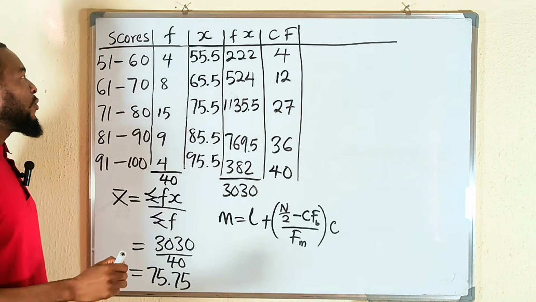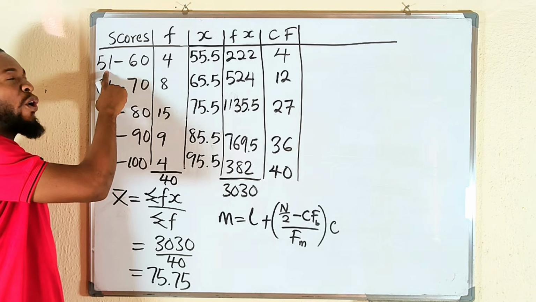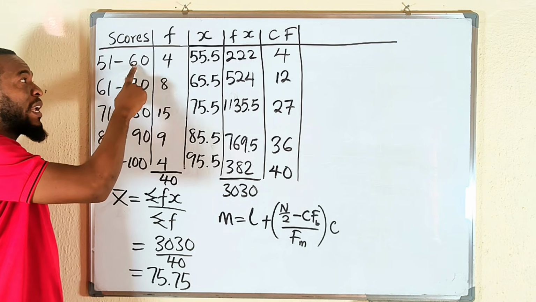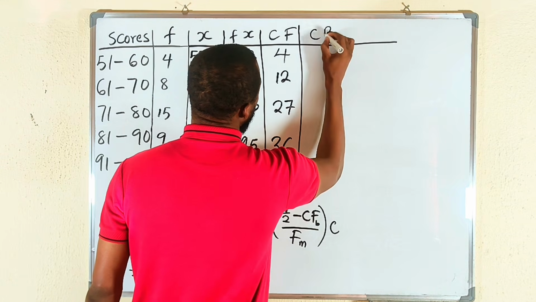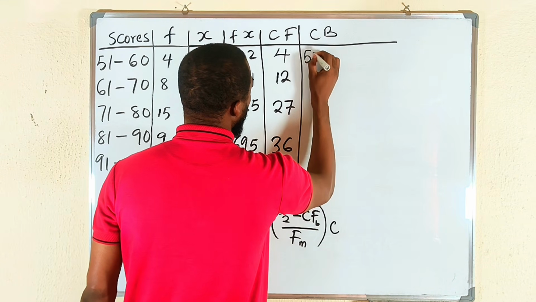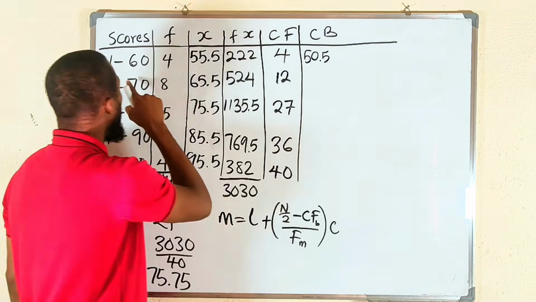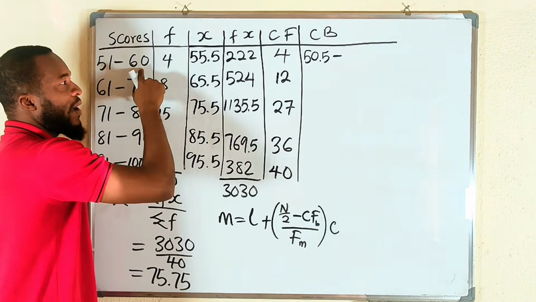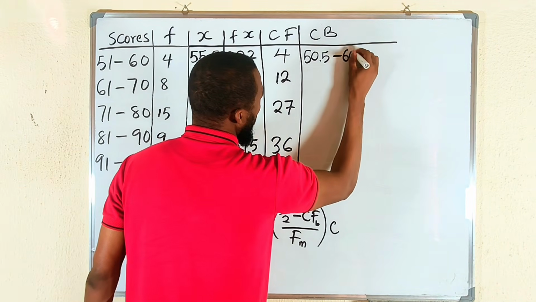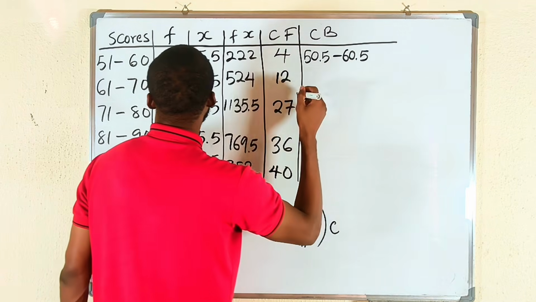To form the class boundaries, all you have to do is to remove 0.5 here and add 0.5 here. So for class boundaries, we're going to have 50.5 if you take away 0.5 here. Then you add 0.5 here, you're going to get 60.5, right? Do the same thing for all of them.